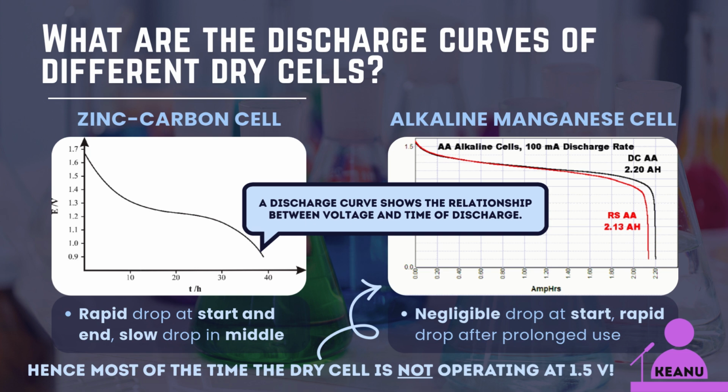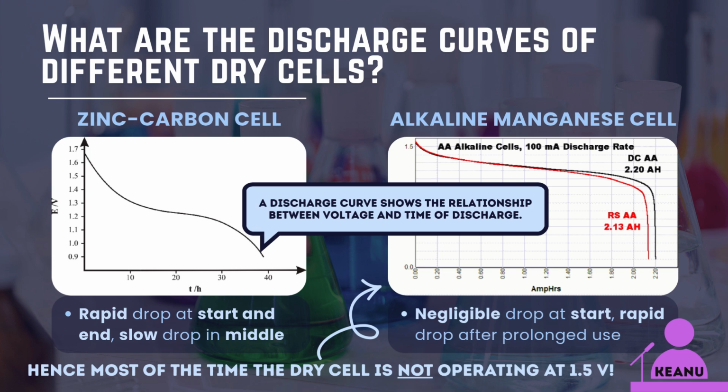This is because when the cells discharge, the active materials are consumed, internal resistance increases, causing the electrolytes to become less conductive. As a result, these two types of dry cells often operate below their nominal voltage of 1.5 volts for much of their lifespan, which can affect the performance of devices relying on a stable voltage.